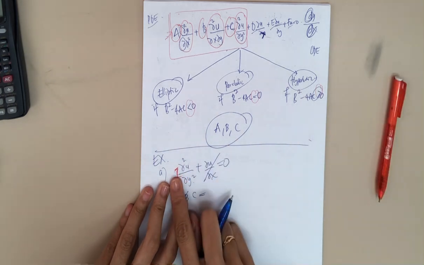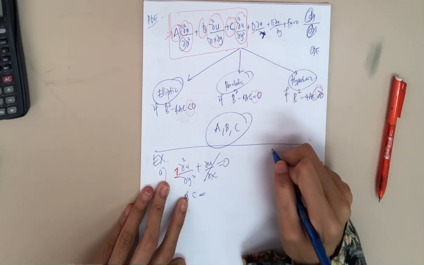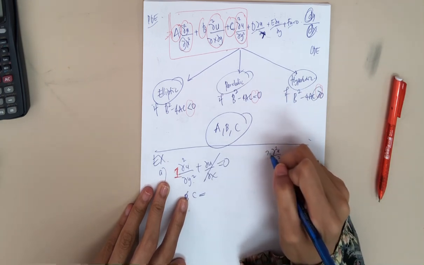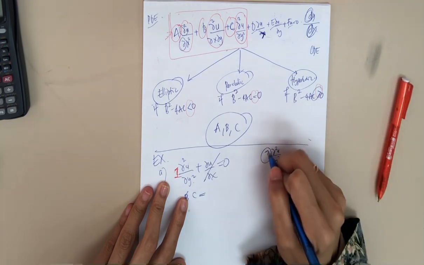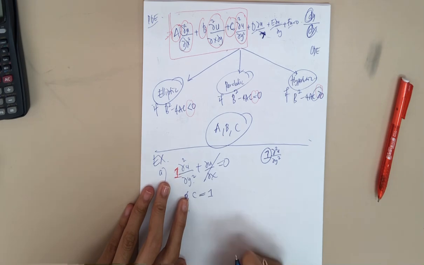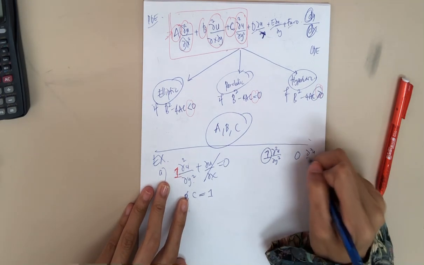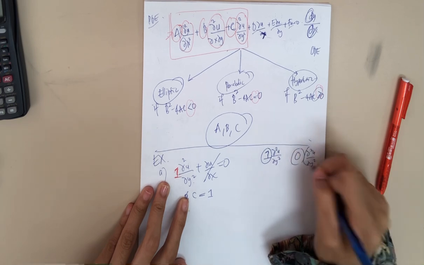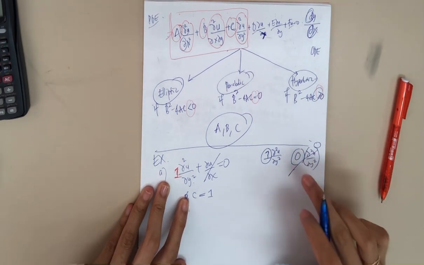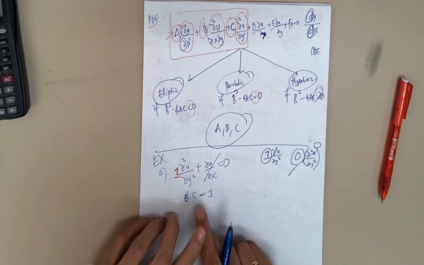If it were zero, it would mean the term does not exist at all. But here there is 1 in front of it. So your C is equal to 1.